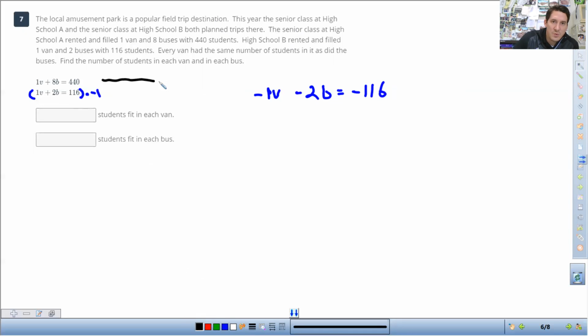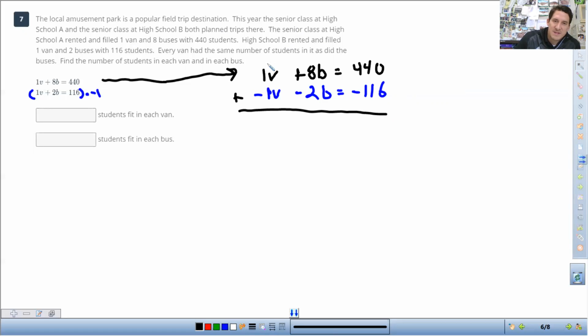Going to line this up above it, so it's going to be 1V plus 8B is equal to 440. Add them together. 1V plus -1V cancels out. 8B plus -2B is 6B. 440 plus -116 is 324.